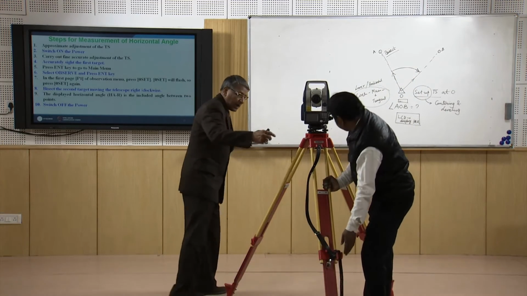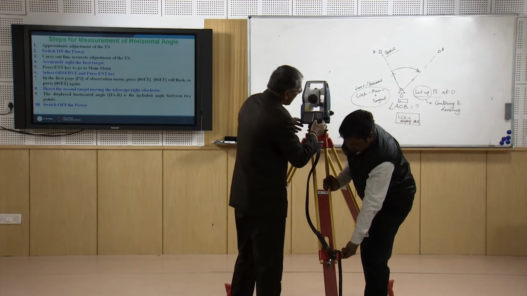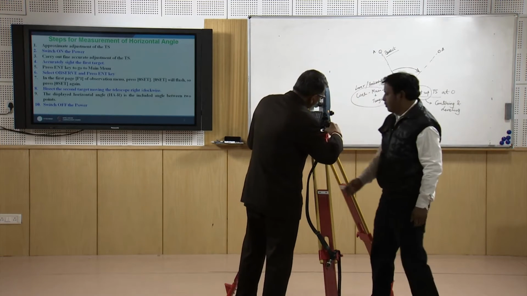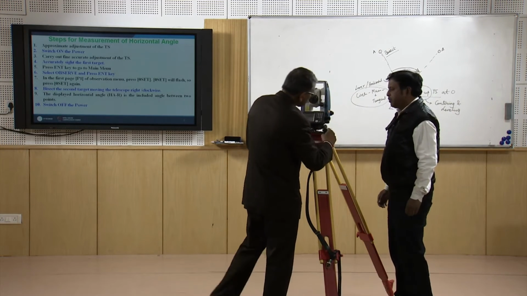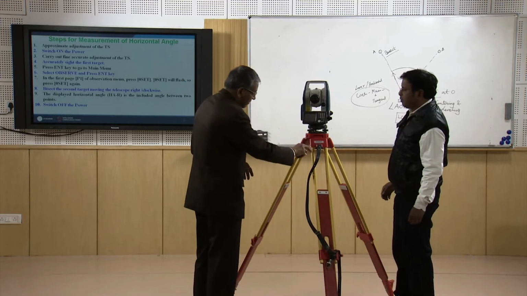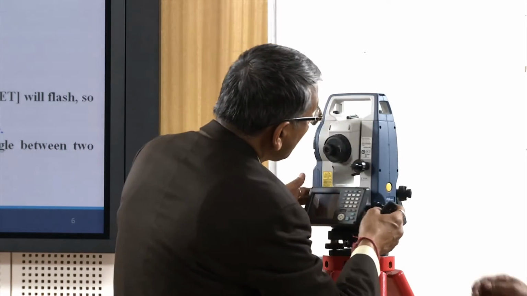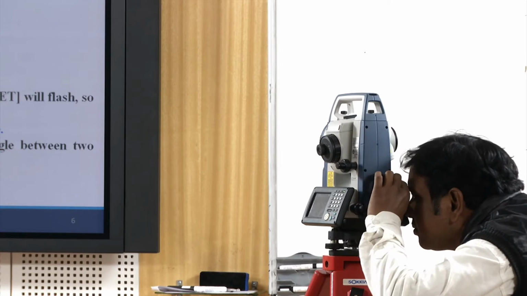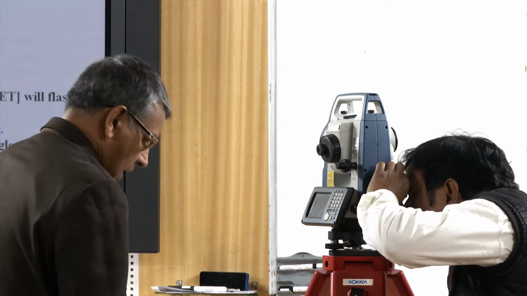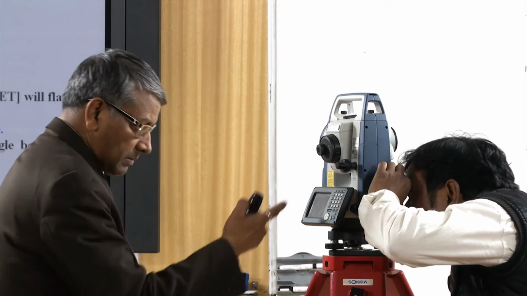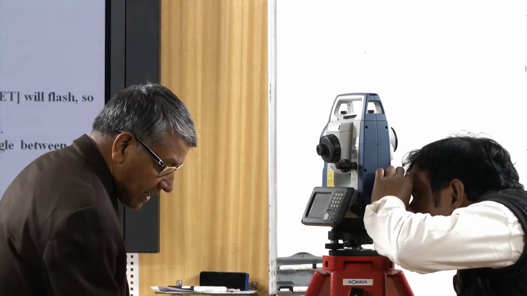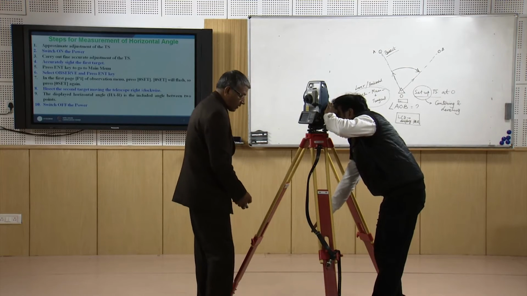We can verify by looking into the circular bubble here. If the circular bubble is at the center, that means it is approximately level. Then we have to look through this optical plummet to see whether our instrument is exactly on top of the center or not.